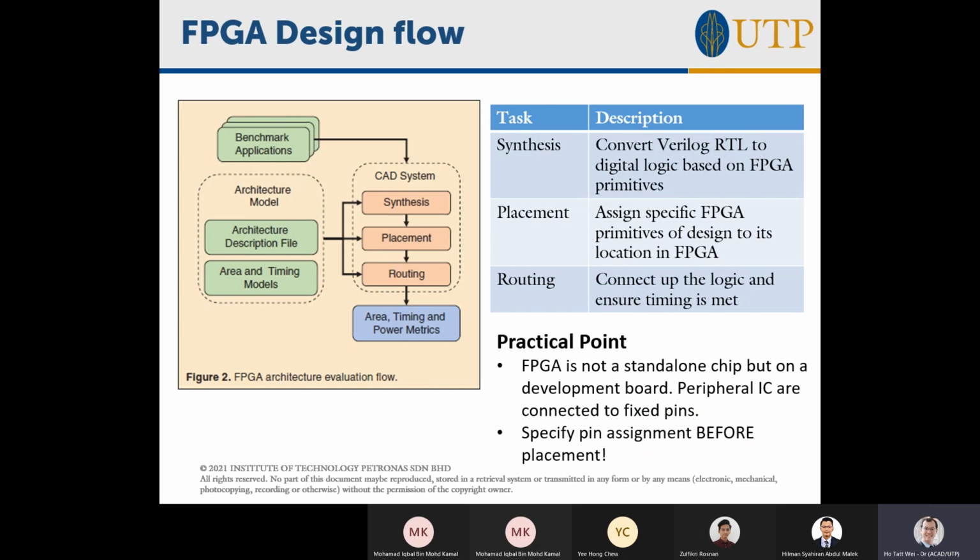These 3 steps are the same for FPGA and for ASIC, but they have slight differences within them. The synthesis step is just converting your high-level description into low-level logic gates. If you have ASIC, normally there is a fab that tells you I can make this set of AND gates, I can make this set of OR gates, and then I've got the timing and all that. So the synthesis process will convert your RTL logic in terms of the basic AND, OR, and NOR gates, or the basic NAND and NOR gates, or some other complicated gates.